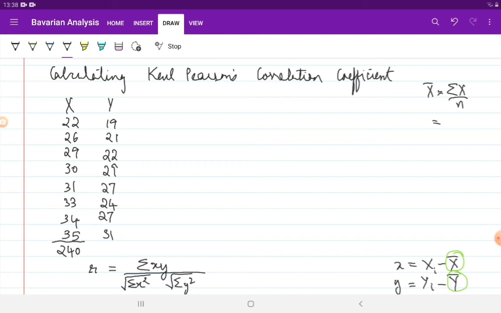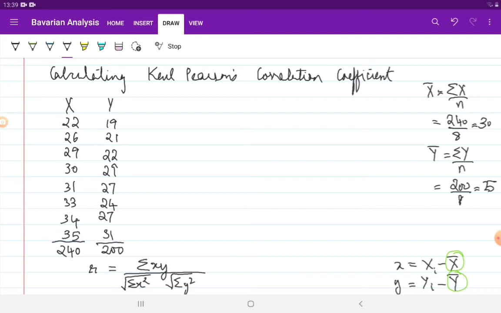So your x bar is 240 divided by 8, the number of observations, so 30. Similarly, y bar is summation y divided by n. The total value of y is 200, so your y bar will be 200 by 8, which is 25.